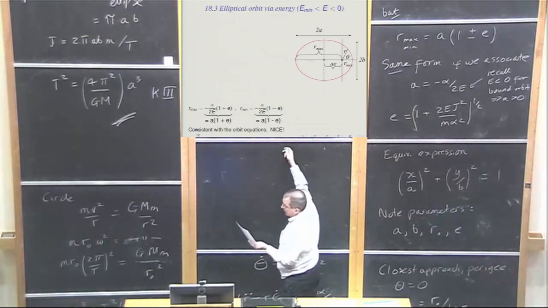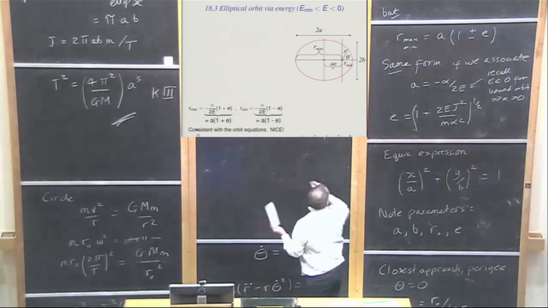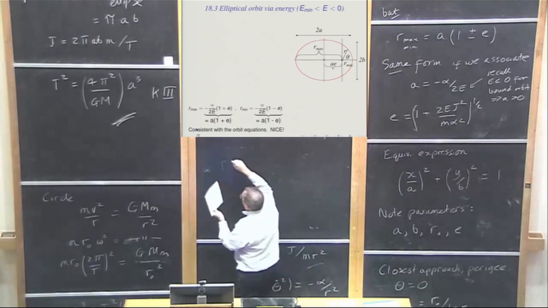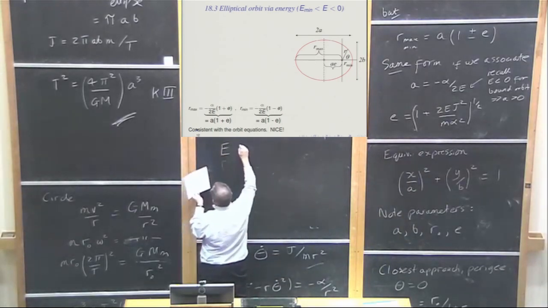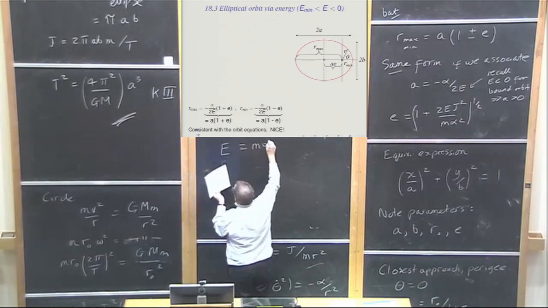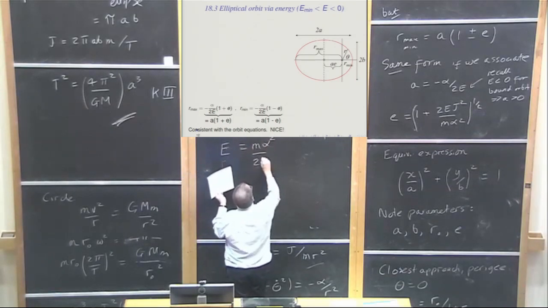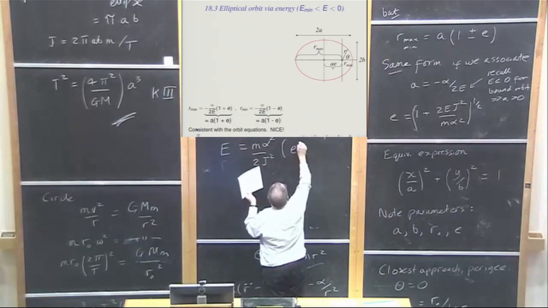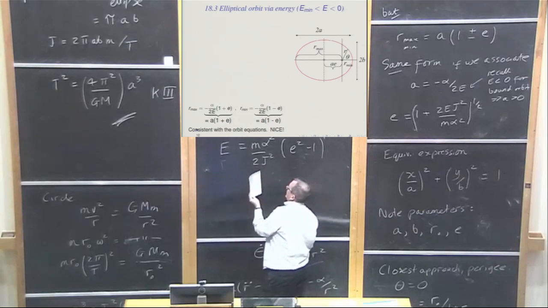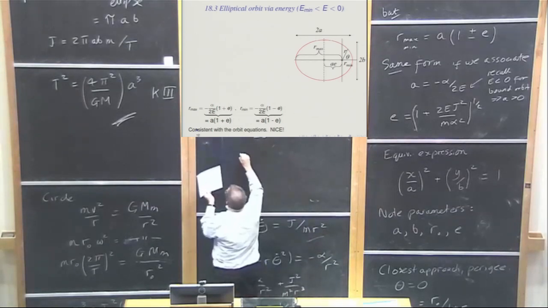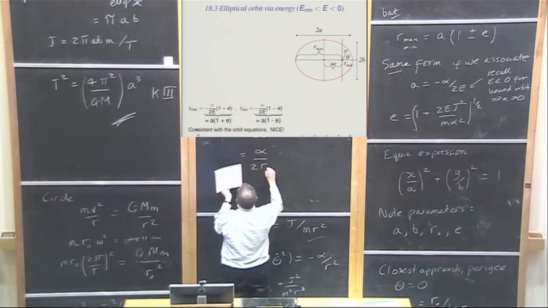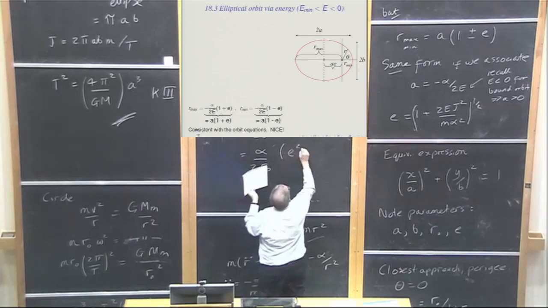Just looking at this last relationship here, if I square this out, I can just rearrange this. I get then that E is equal to m alpha squared over 2j squared times e squared minus 1, which is the same as alpha over 2R0 times e squared minus 1.